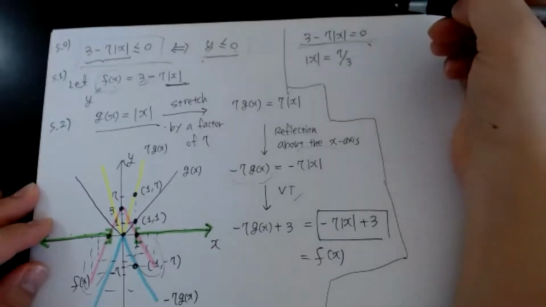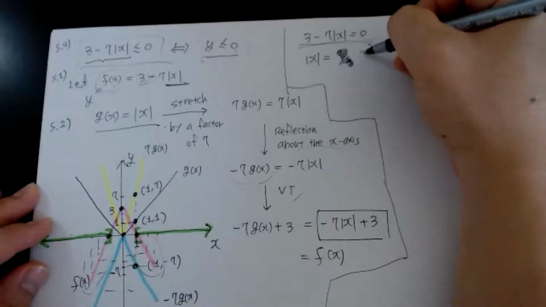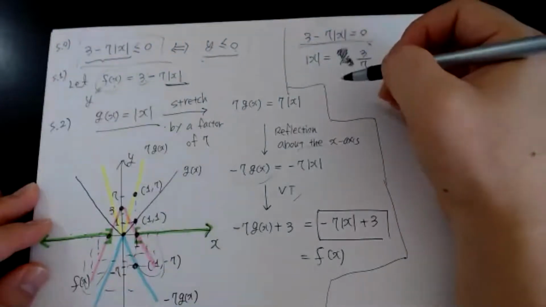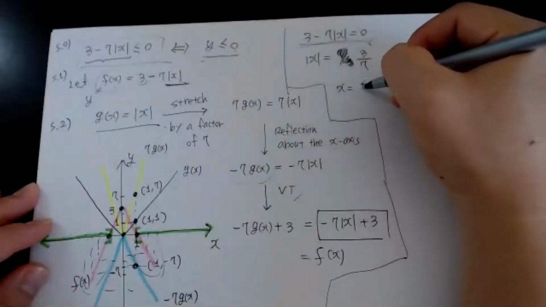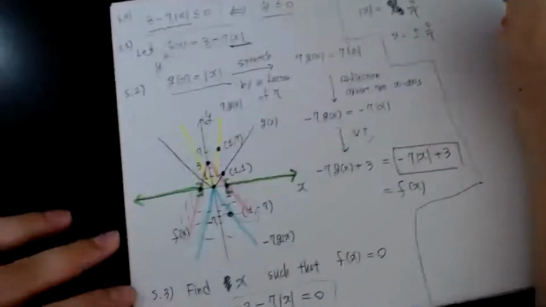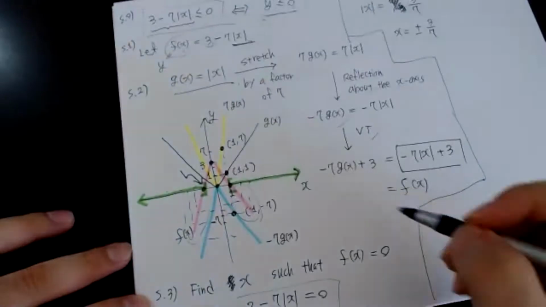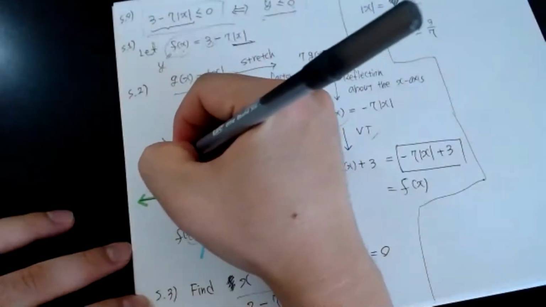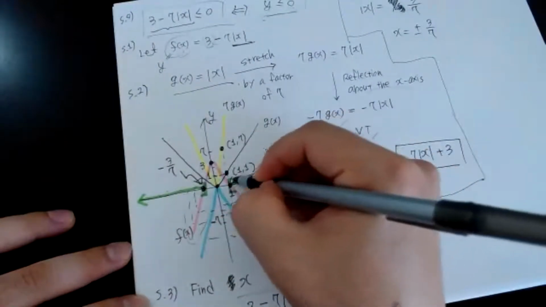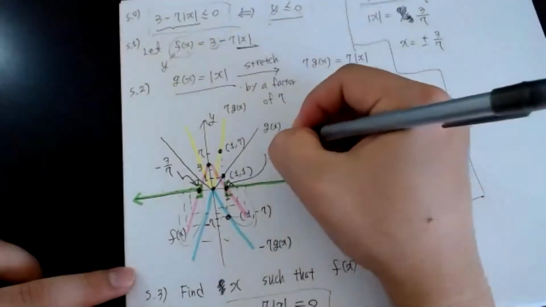Oh, sorry, it should be 3 over 7. So now x must be plus or minus 3 over 7, right? So this point must be minus 3 over 7, and that point, I mean the x coordinate of this x-intercept, must be positive 3 over 7.